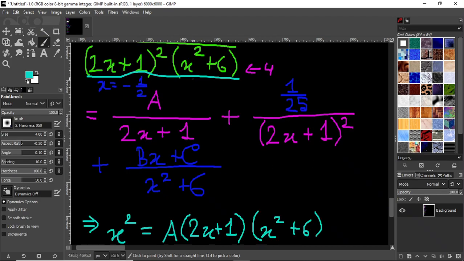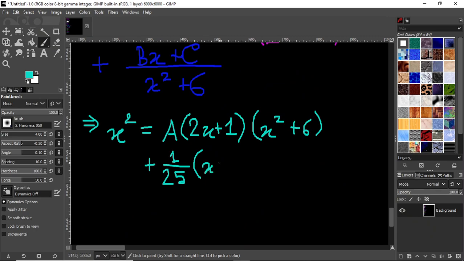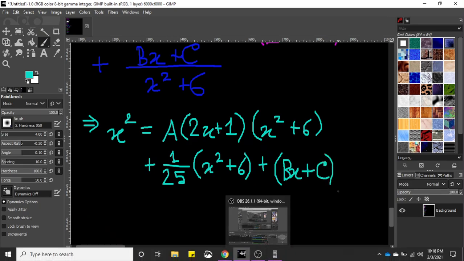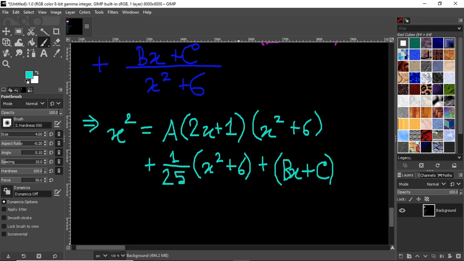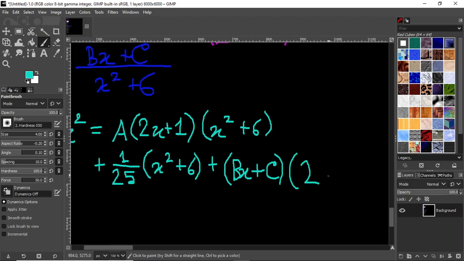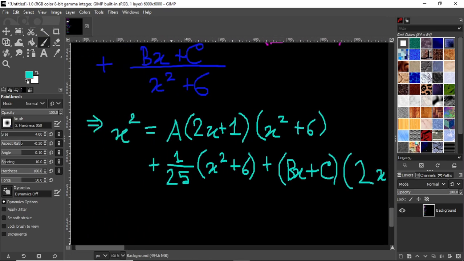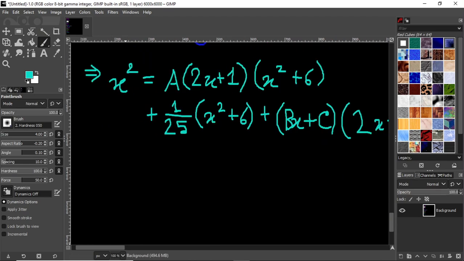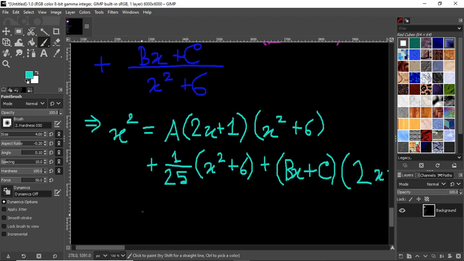Let's see, so that fully cancels and we get only x squared plus 6, and lastly we get bx plus c multiplied by 2x plus 1 squared, right? Okay, all right. Okay, so this is our equation.